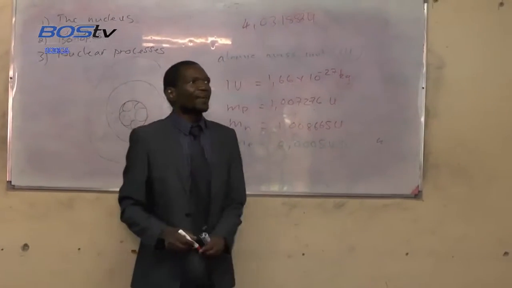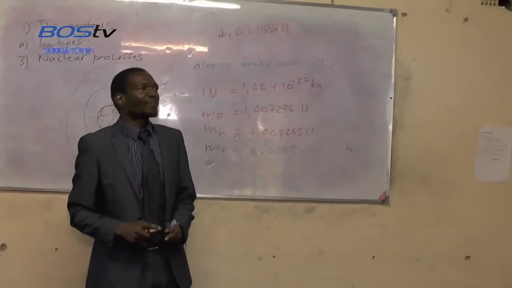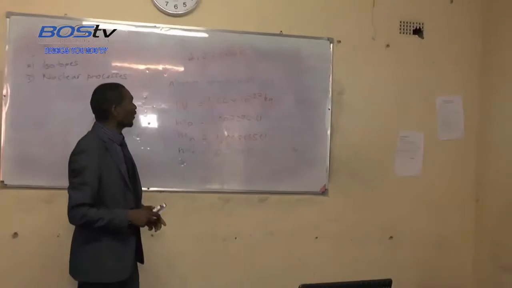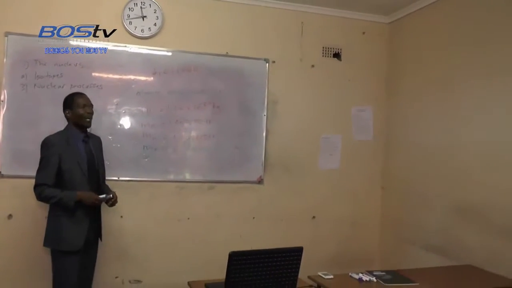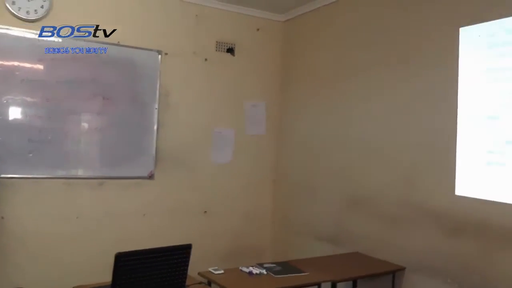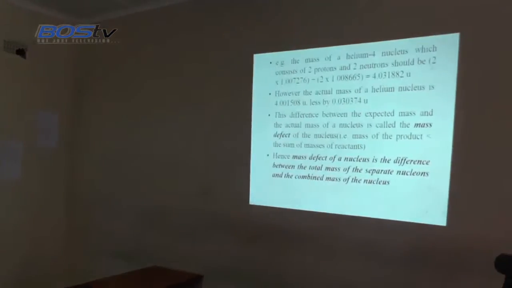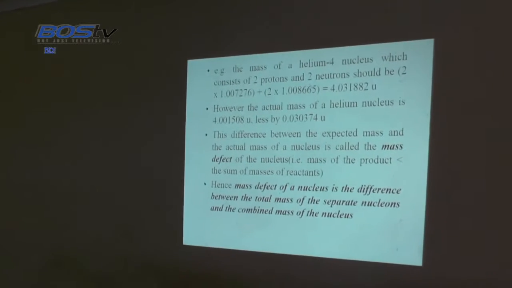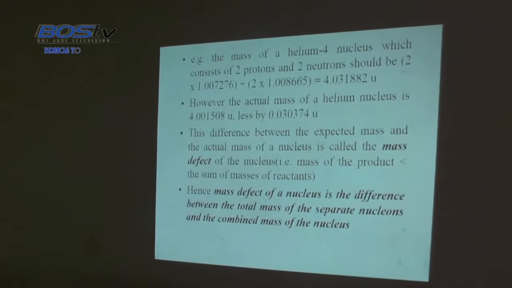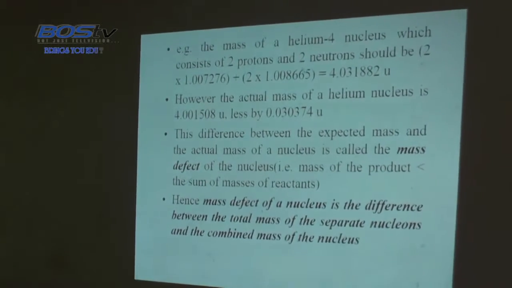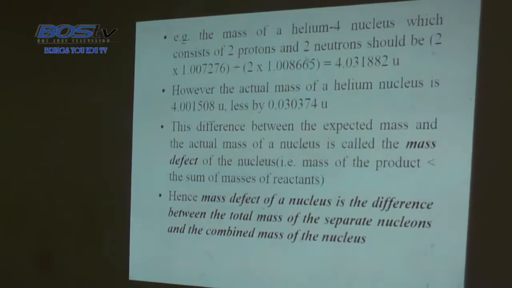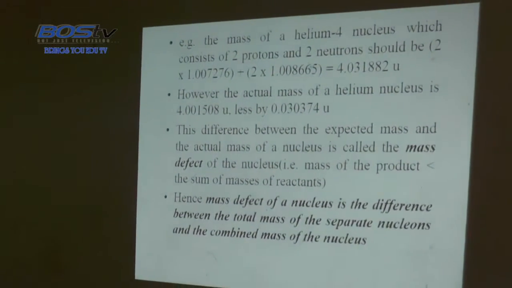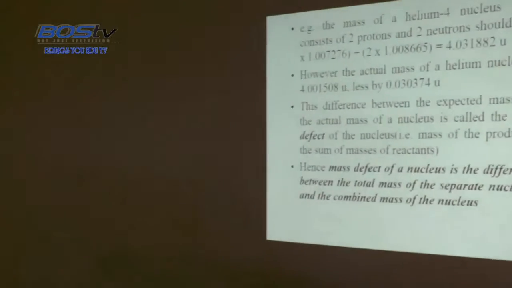The mass of helium is actually 4.001508 U. That's the mass of helium.